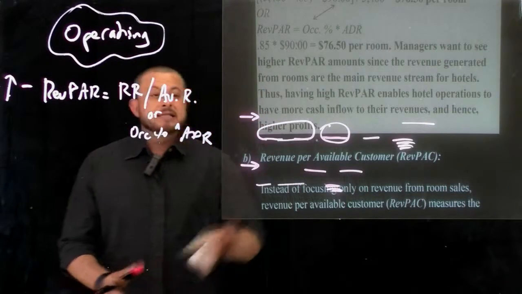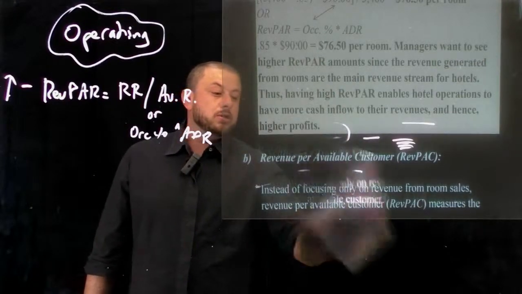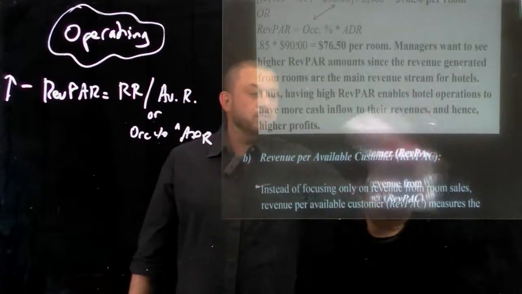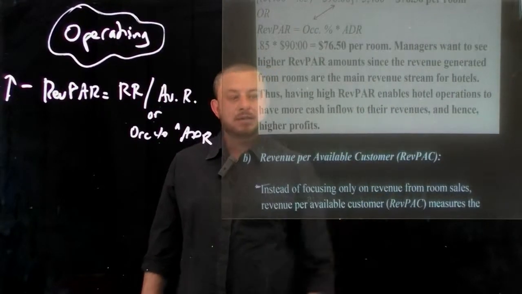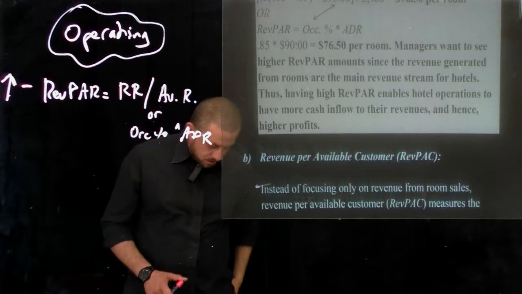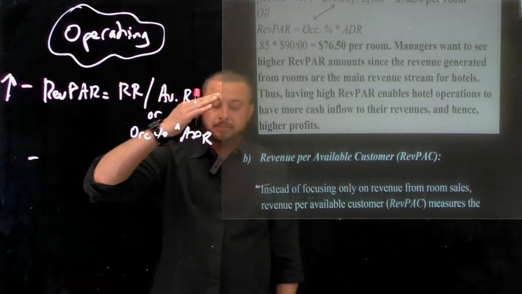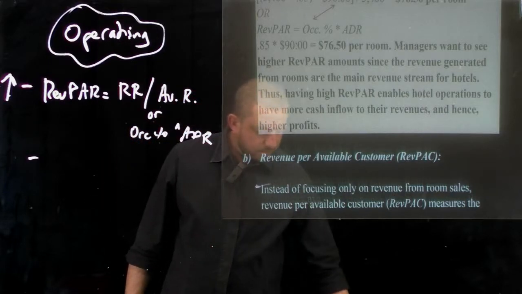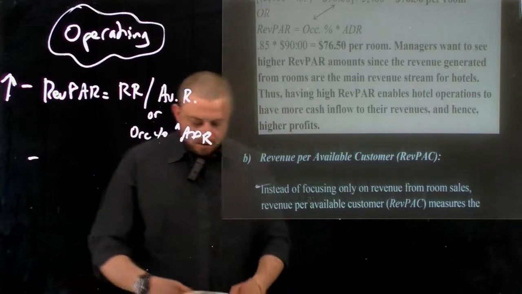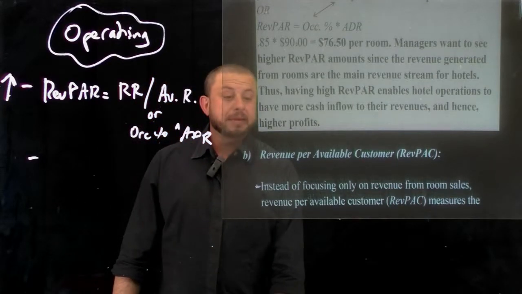So same, again, depending on what's given to you in the question, you can use those equations interchangeably, okay guys? And of course, as I said before, you want high RevPAR ratios, because it is in the company's benefit to generate higher revenues on a per room basis.